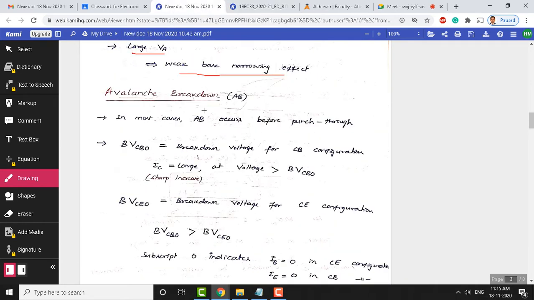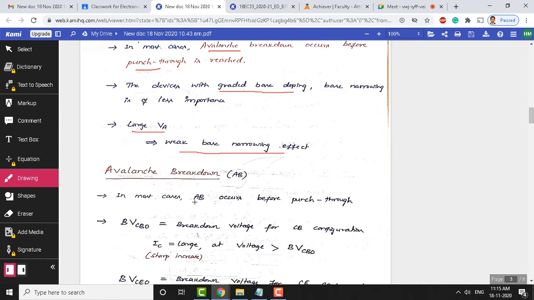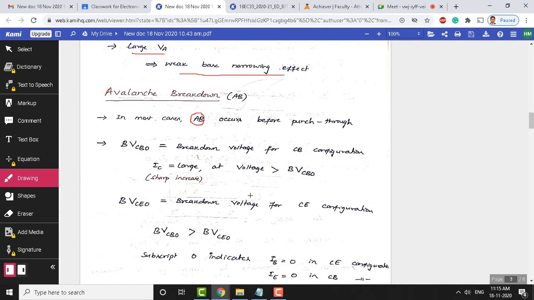This is a small topic, avalanche breakdown. When we compare the punch through condition and avalanche breakdown, in most cases avalanche breakdown occurs early compared to the punch through mechanism. So, this is the assumption here. Now, let us see the breakdown conditions.